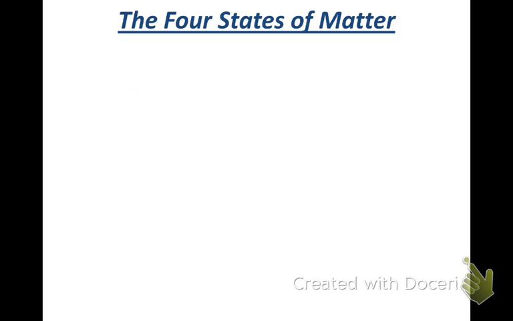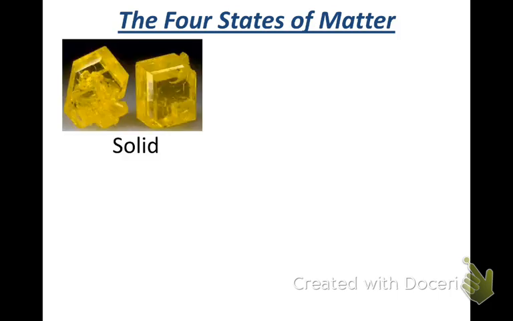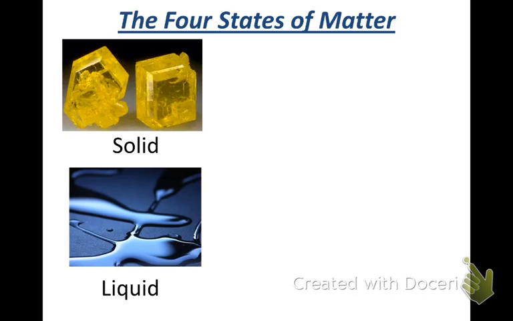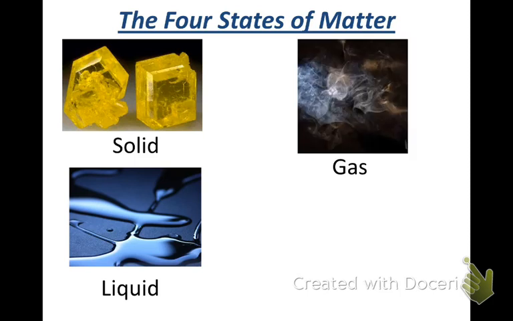Okay, so the first state of matter, of course, is a solid. This is some solid sulfur. Another, of course, is a liquid, and water would be a classic example of a liquid. And then, of course, gas, any type of gaseous substance like oxygen or nitrogen or carbon dioxide, is another state of matter.